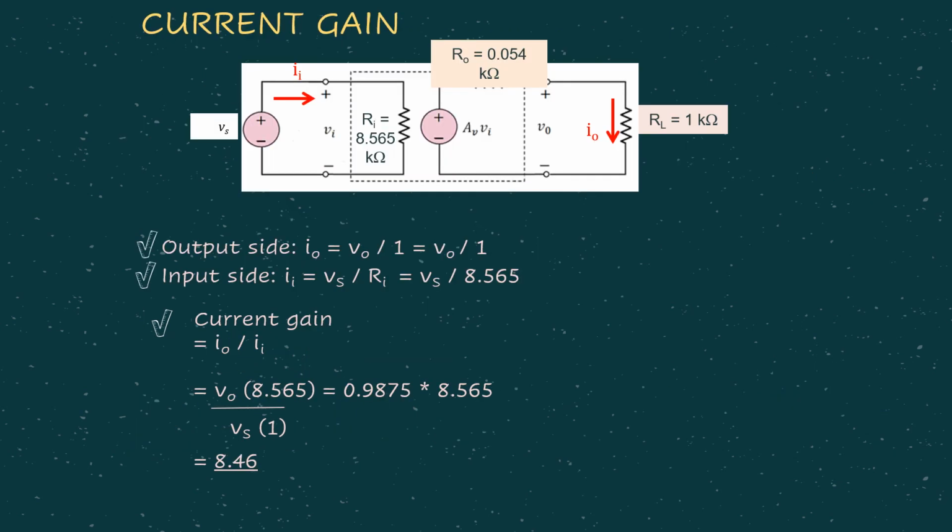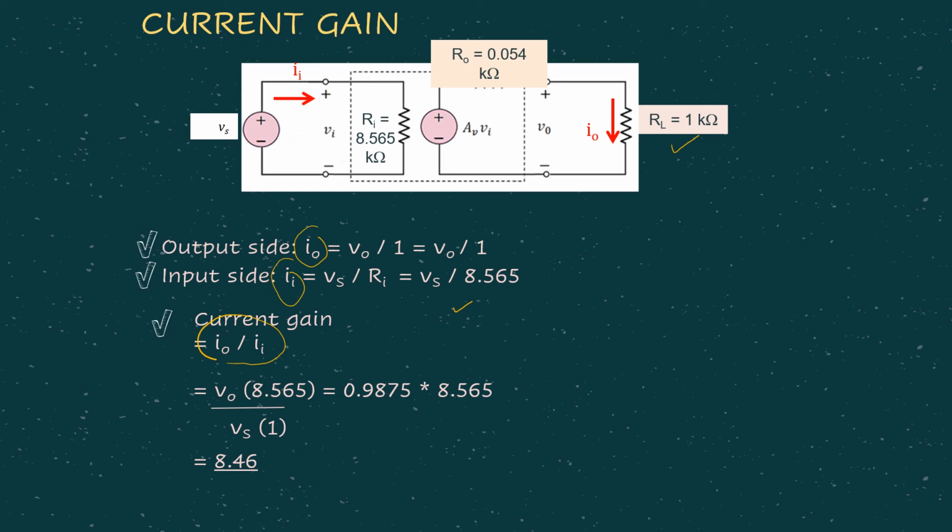Then let's have a look for the current gain, because it's a good current amplifier, remember, for common collector. So for the output side, we consider for the output current, which is given by V0 over RL. Then at the input side, we consider for II, which is given by VS over RI. Then obviously we know current gain is I0 over II.